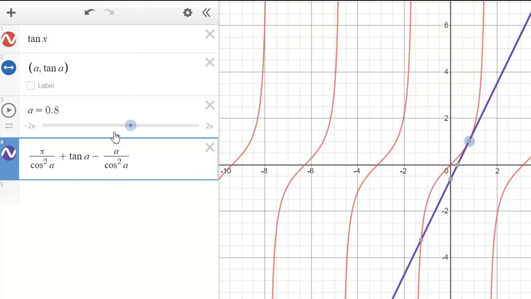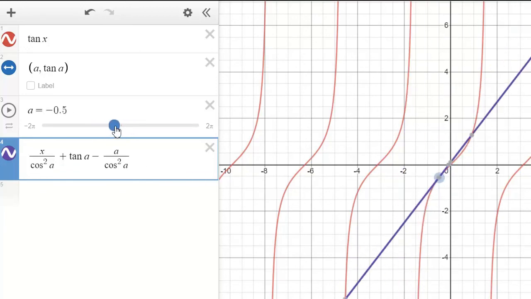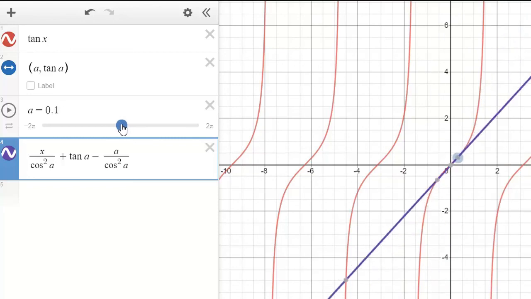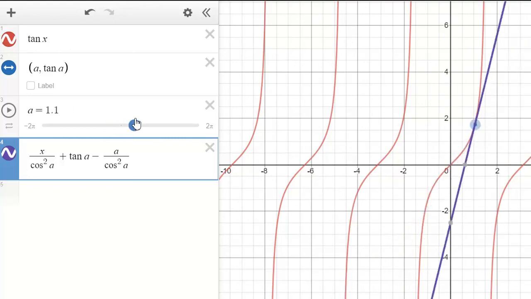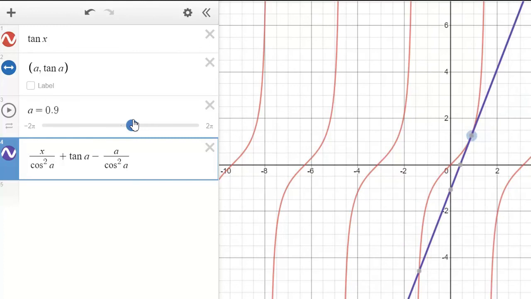So that's our tangent line. Now as you move the particle, it will calculate the gradient at that particular point, and it will work out the intercept. From that, it will draw the tangent line. Okay.